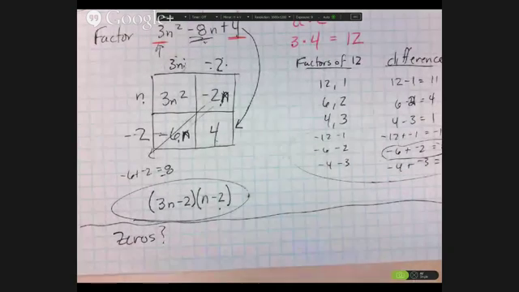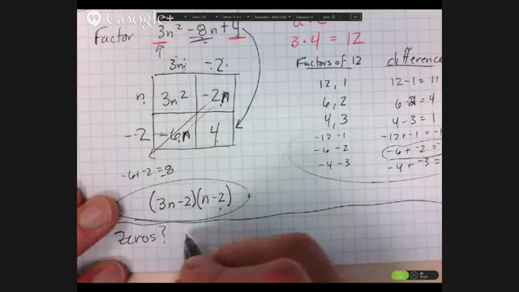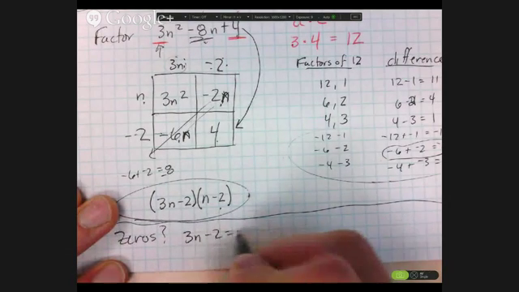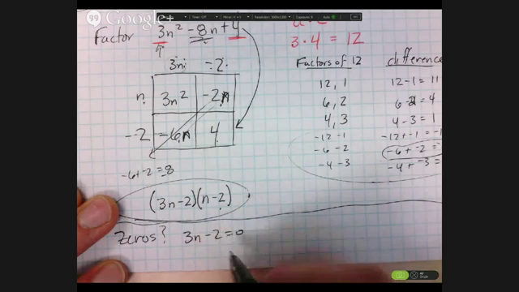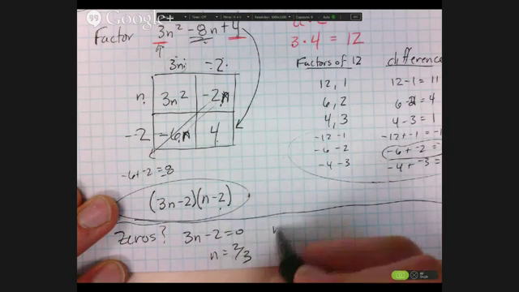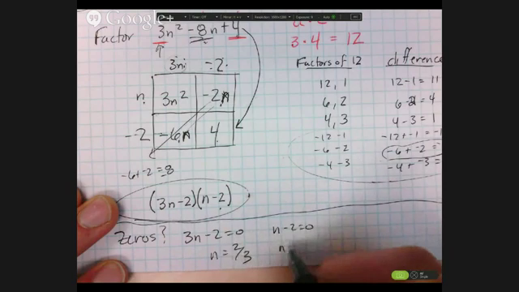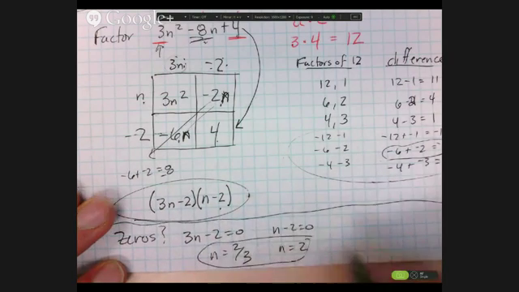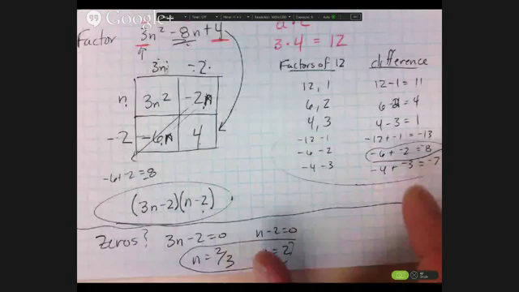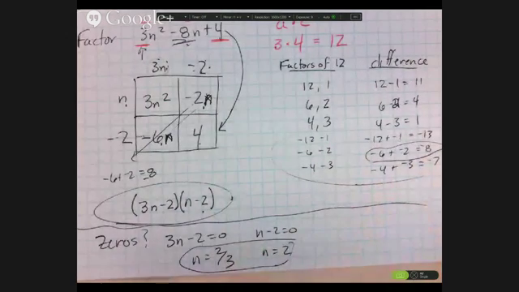What are the zeros of that? No, see, that's where you have to be careful. It's 3n minus 2 equals 0. You have to solve. Okay, so be careful there, right? Do you think you can duplicate this method?